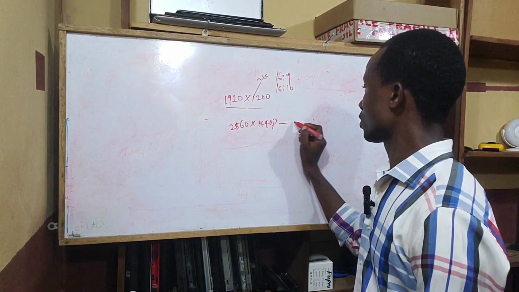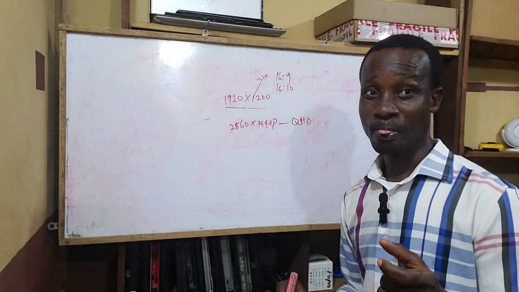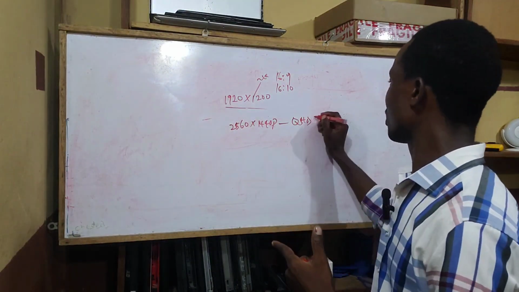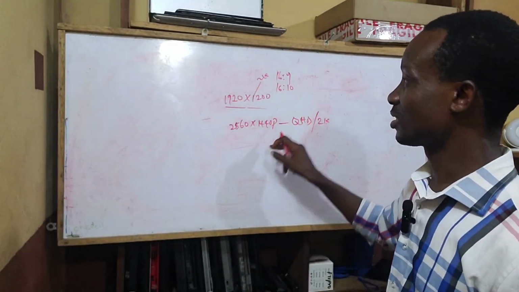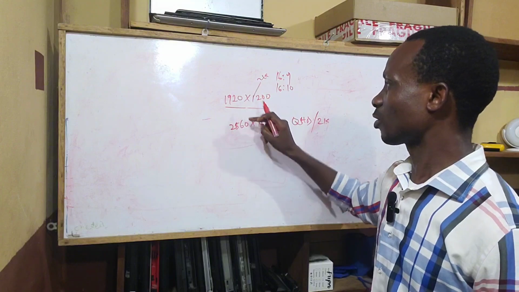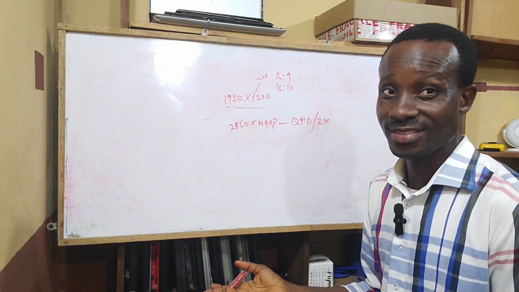Now this one is QHD, or they also call it 2K. So we are going to find out if this is related to this. But looking at it, the resolutions are different.